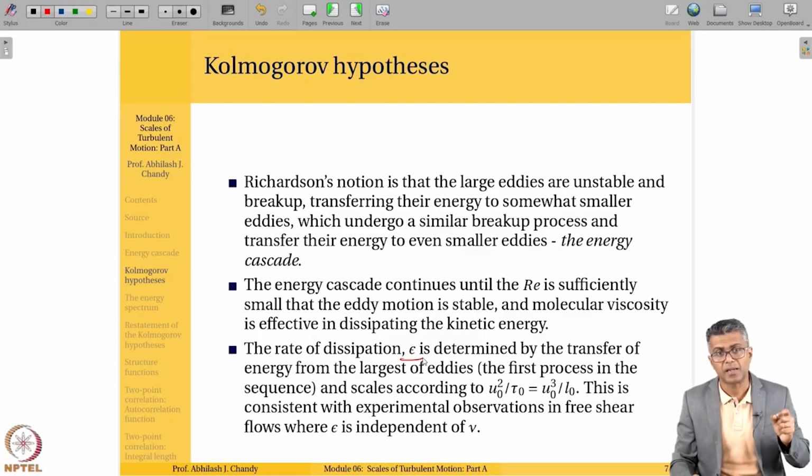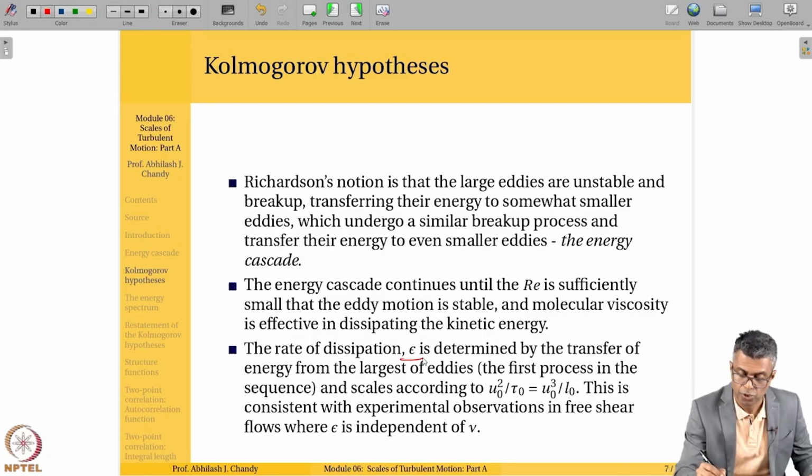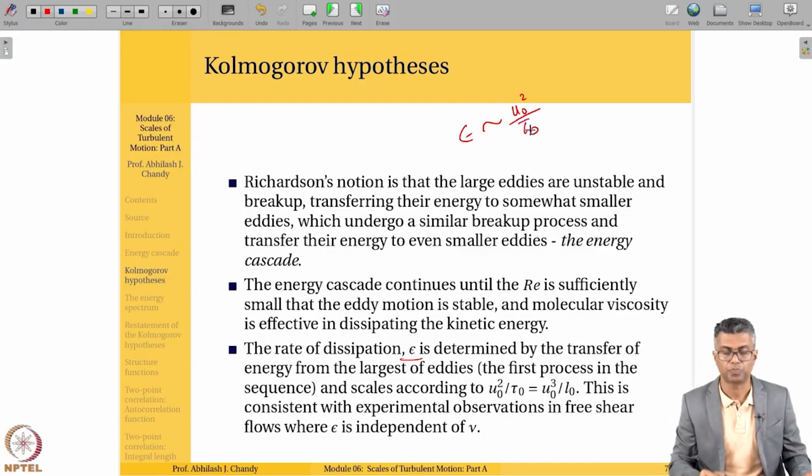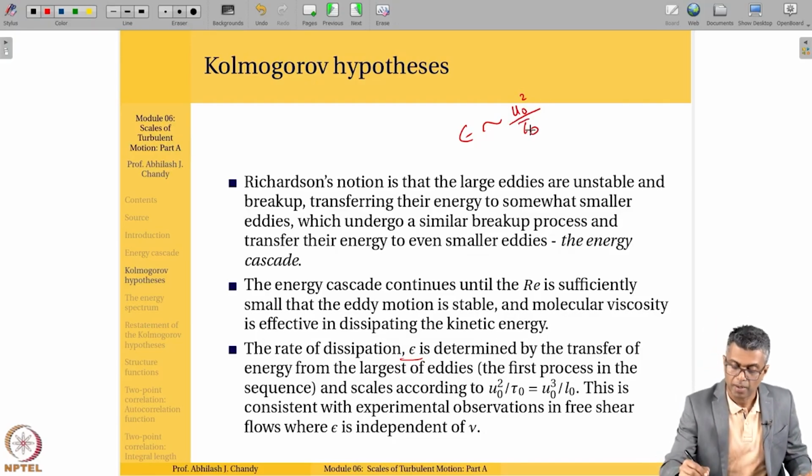And you would think that it scales according to the rate of change of kinetic energy, isn't it? So epsilon would be scaling according to the rate of change of kinetic energy. So that is u squared, which is kinetic energy, divided by time, tau 0. And based on that, it would be u0 cubed over L0, isn't it?